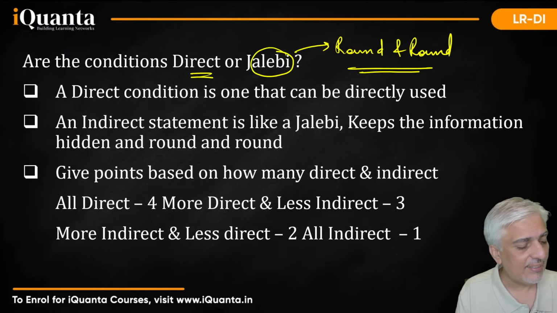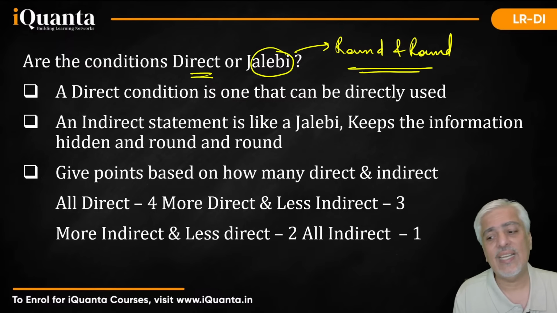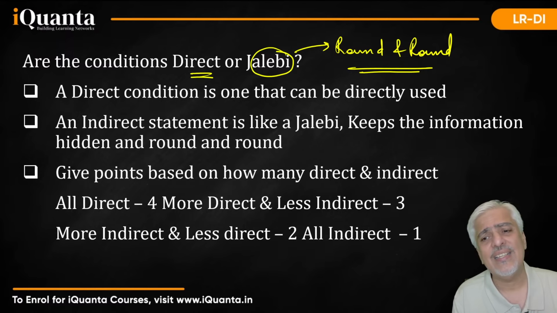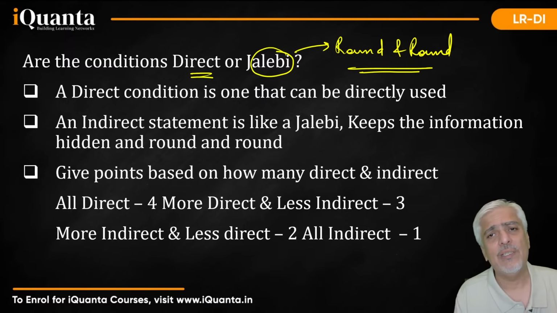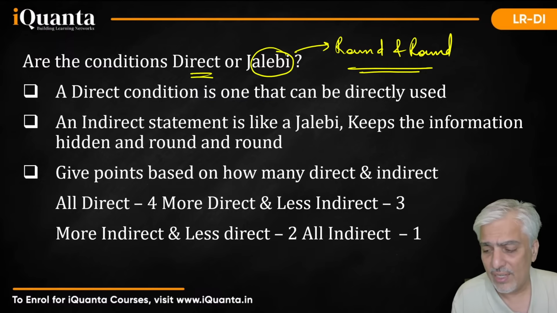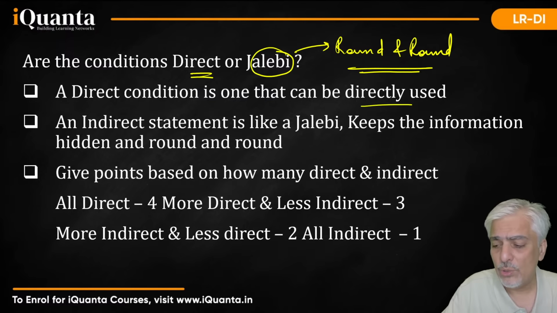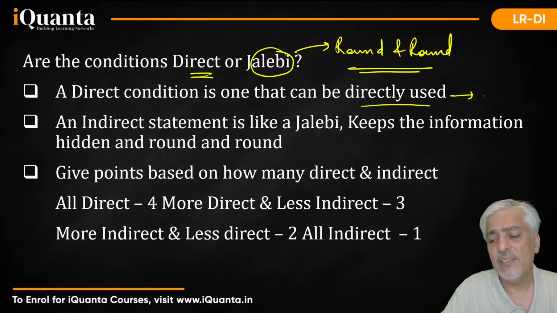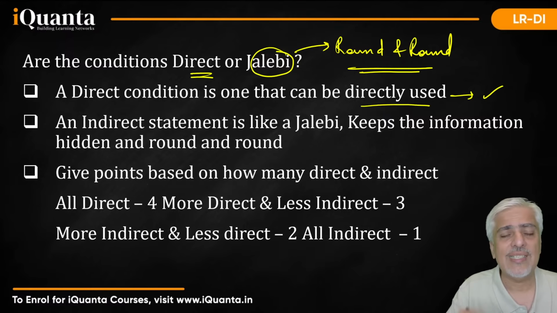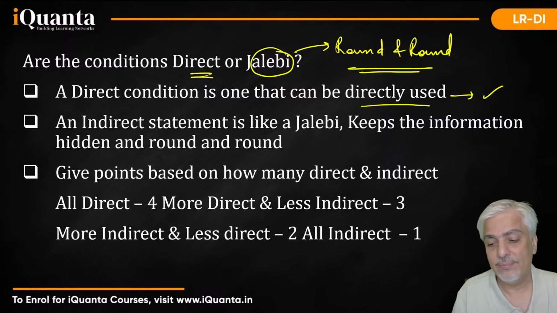And hence these are the things that I always say please be careful about. Are the conditions direct? A direct condition is something I can go and put directly in my table. That's more or less like data already given. An indirect statement is like a jalebi, keeps the information hidden and round and round.